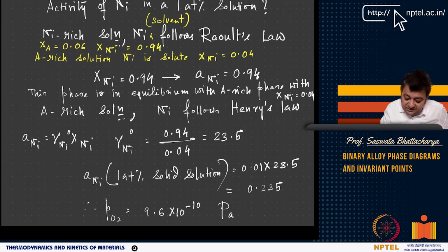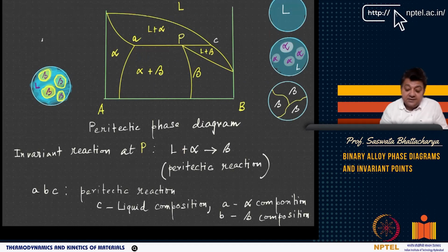Then the partial pressure of oxygen at which nickel will form nickel oxide is 9.6 × 10 pascals, or Newton per meter square. That is the partial pressure of oxygen at which nickel will oxidize to nickel oxide.